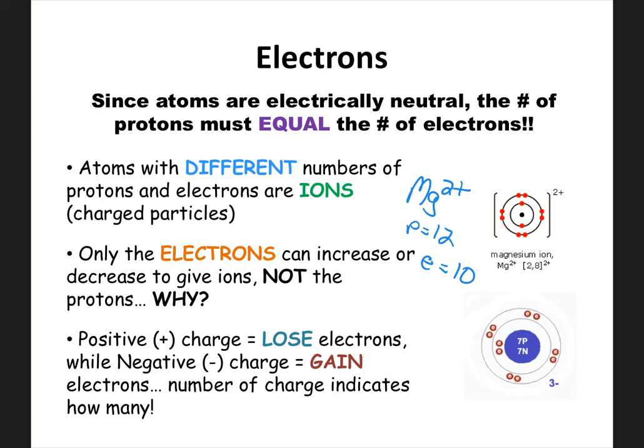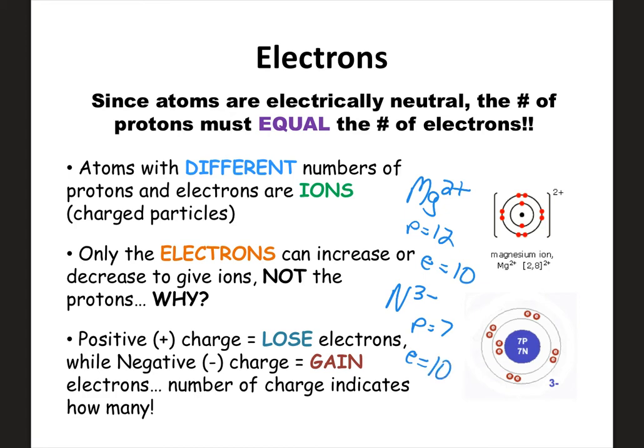Another example here is nitrogen. Nitrogen likes to form a 3- charge. All right. Again, you don't need to worry about why. That's just what it likes to do. All right. So the key here is if you look up nitrogen on the periodic table, in order to be nitrogen, nitrogen must have 7 protons or 7 positives. All right. But if it's 3-, that means it has to have 10 electrons.